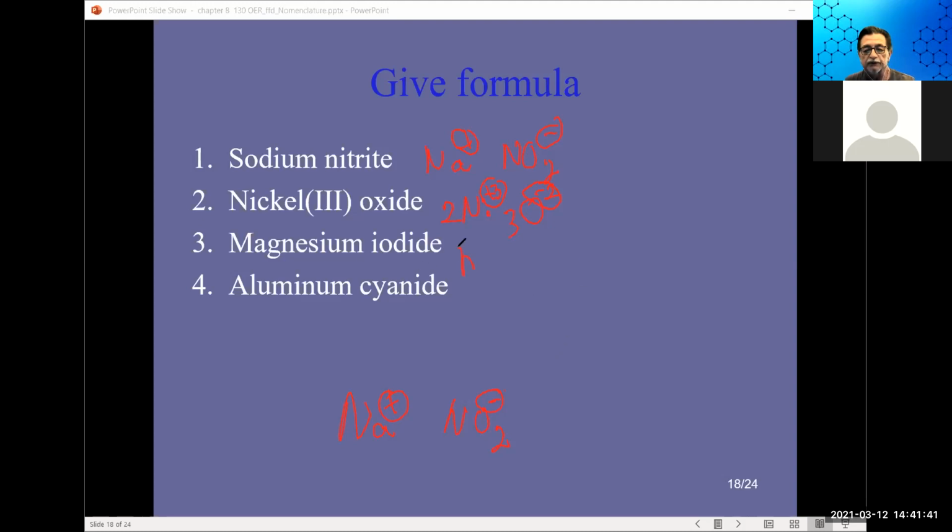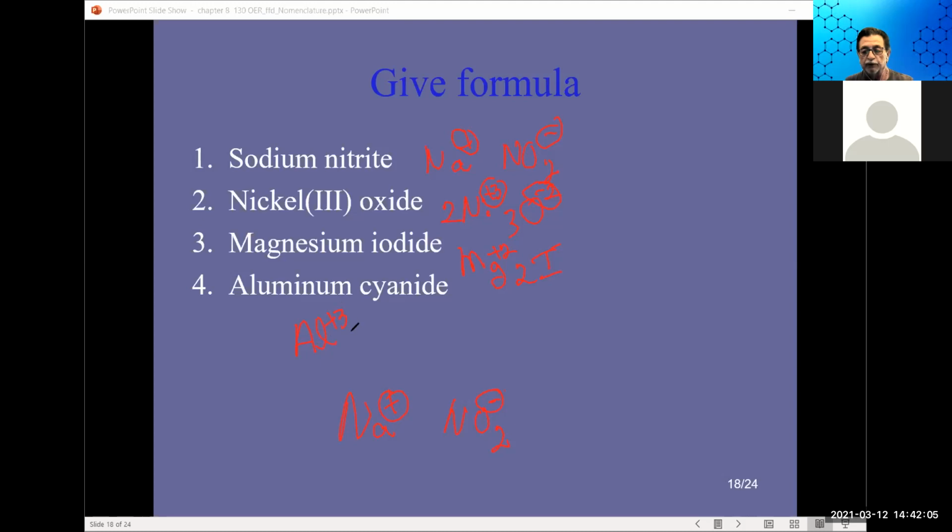Magnesium. Magnesium is a +2 group 2 element. So it has a +2 charge. Iodine is a group 7 element, becomes iodide. So it has a -1 charge. That means I'm going to need 2 of them to counter the +2 of magnesium. Aluminum, it's a group 3.